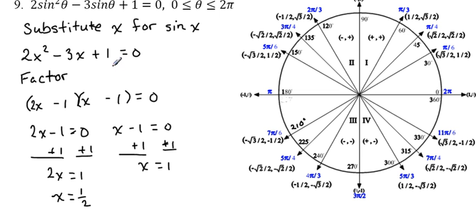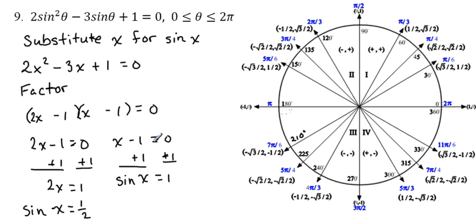However, remember when we started, we substituted x for sine x, so this isn't really x, this is actually sine of x, and this is also sine of x. Now what we need to do to solve for x is look on our unit circle and see where we have y values that are 1/2 and positive 1. So for sine x equals 1/2, we can see that the y value where we get 1/2 would be 30 degrees and 150 degrees.